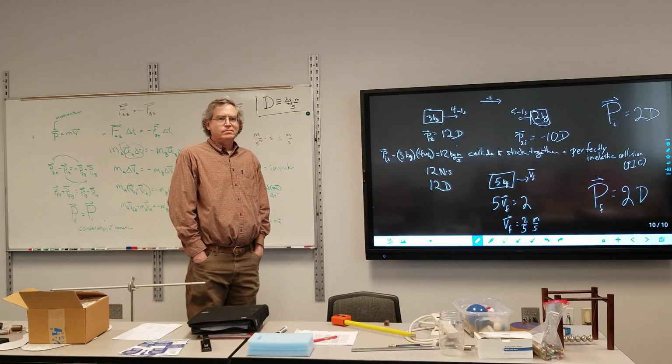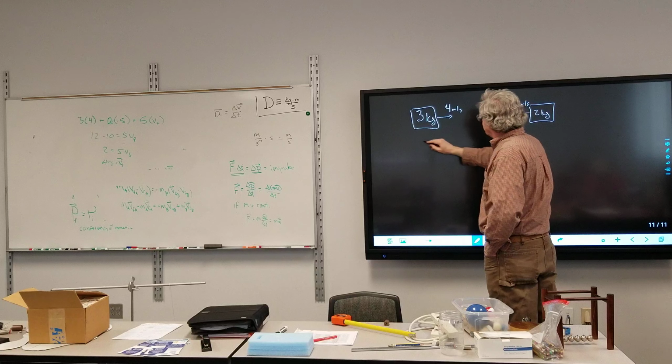All right, here we go. So 3, 4, 5, 2. I'm going to take my 3 kilogram mass going to the right at 4 meters per second. I'm going to take my 2 kilogram mass heading to the left at 5 meters per second.